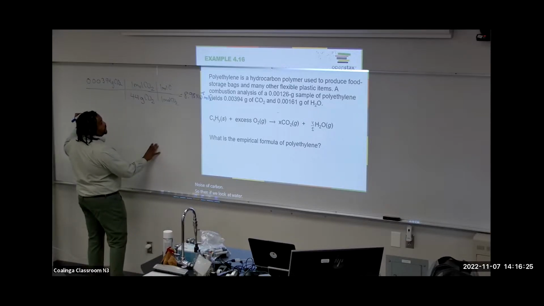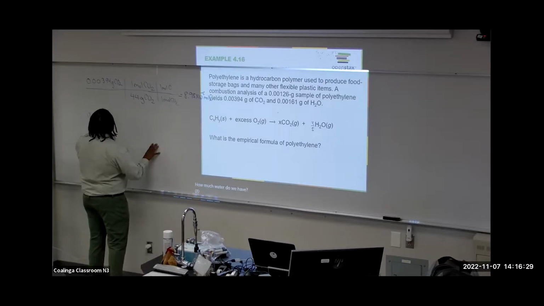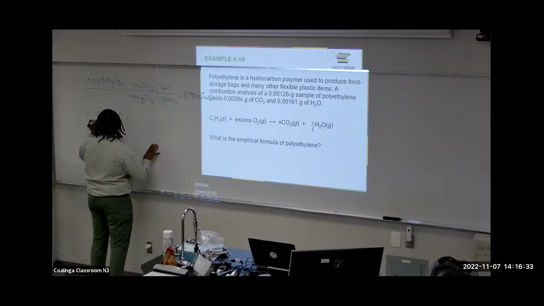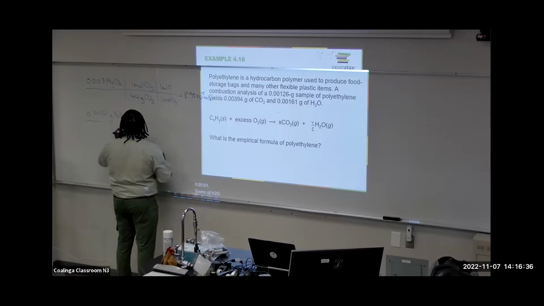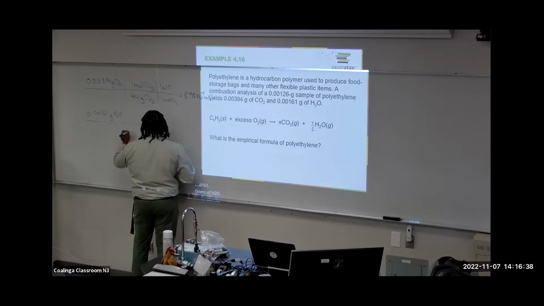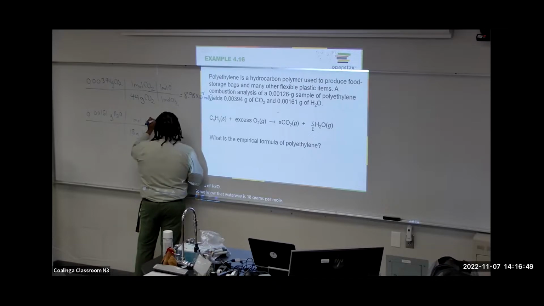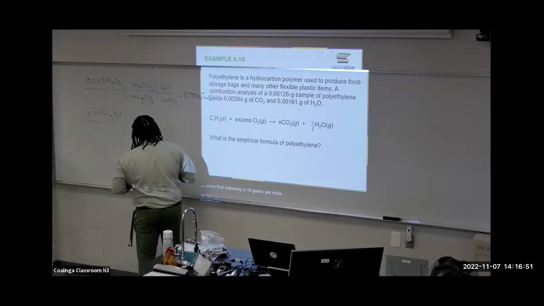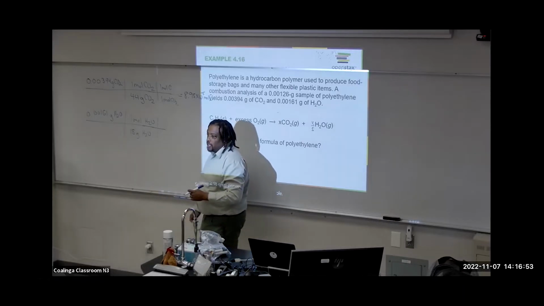Okay, so then if we look at water, what do we have? 0.00161 grams of H2O. So we know that water weighs 18 grams per mole. How many moles of hydrogen are in water?